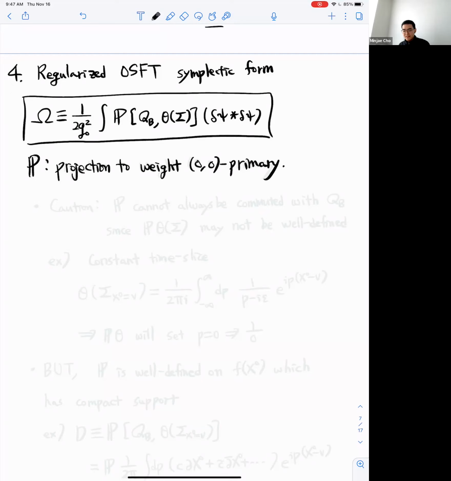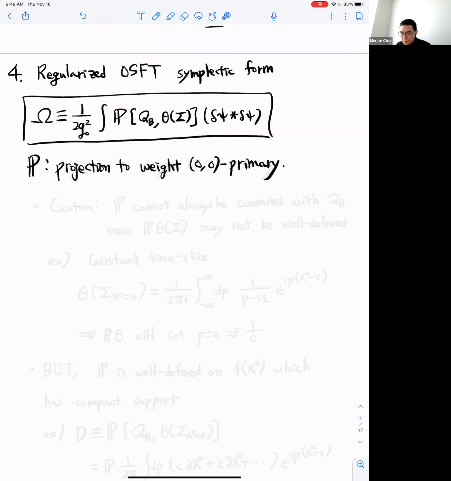And at least as written, this is a well-defined expression. I'm going to soon show you how things go in practice. But as written, we have weight 0,0 primary at the midpoint insertion, and the other things are the usual open string field insertions. We can compute this correlator or symplectic form without much difficulty.